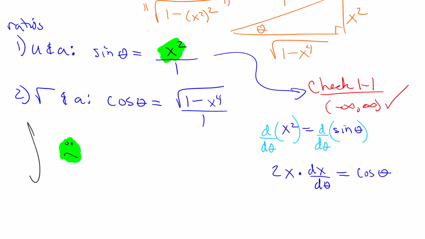But now we can multiply both sides by d theta, which gives us 2x dx on the left side equals cosine theta d theta on the right. And sure enough, this is making us much happier because now the x is in play, not the x squared.